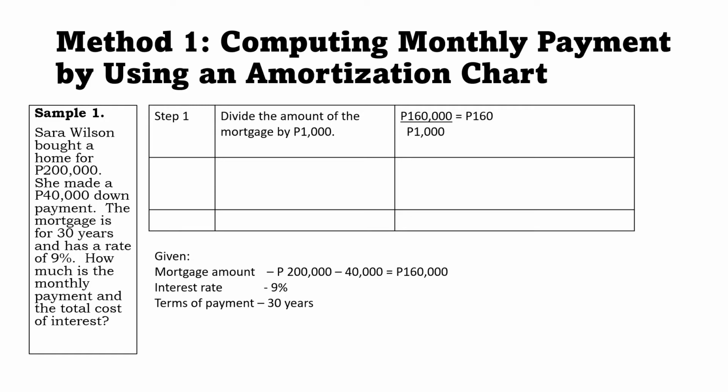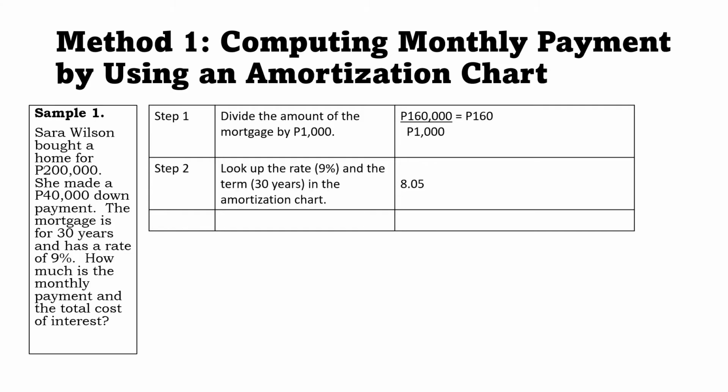Step 1 for our method 1 is to divide the amount of the mortgage by 1,000 pesos. So that is 160,000 pesos divided by 1,000, which is equal to 160. For step 2, look up the rate 9% and the term 30 years in the amortization chart.